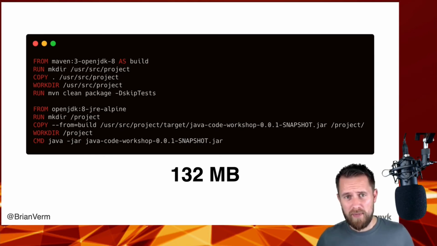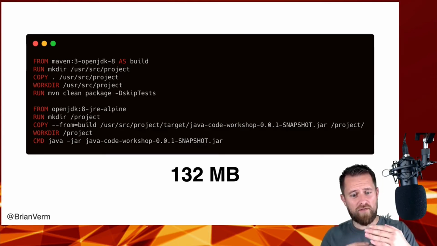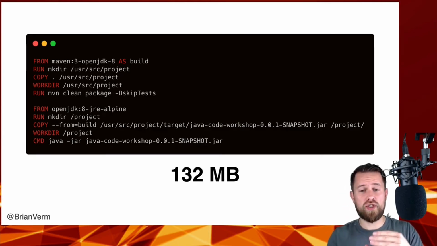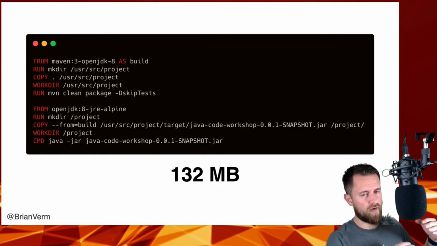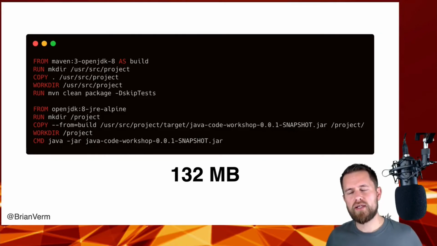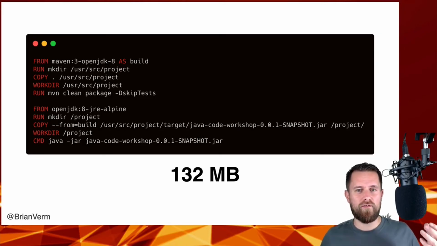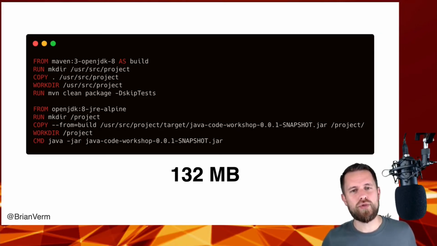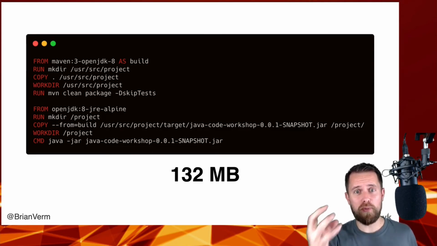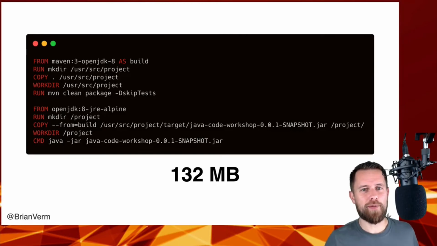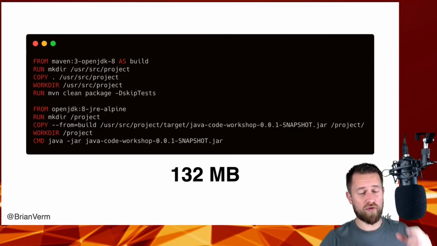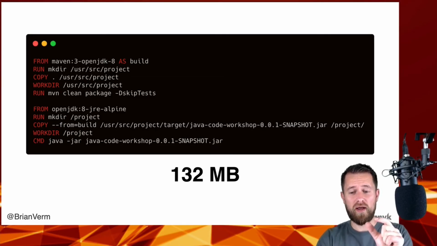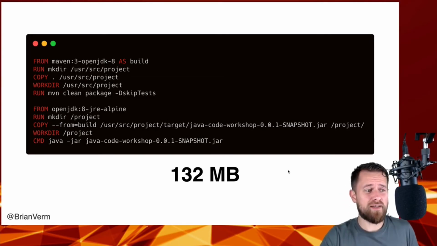So my image is smaller. I do not have all that unnecessary stuff within my image because in the end I don't need it. I only need that in the build phase. On top of that, it will save you figuring out if there are any issues with that image that goes into production. Everything that you don't put in there cannot be a problem. So with multi-stage builds, you can have the advantage of smaller images that contain less, so by default are more secure.